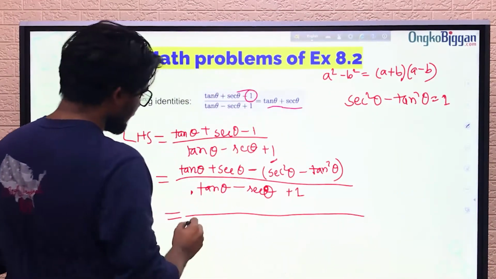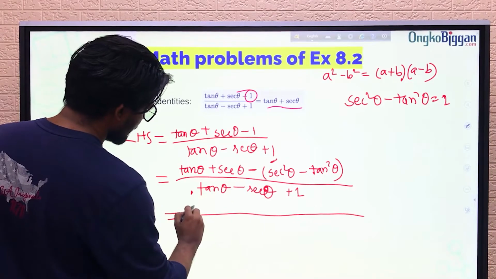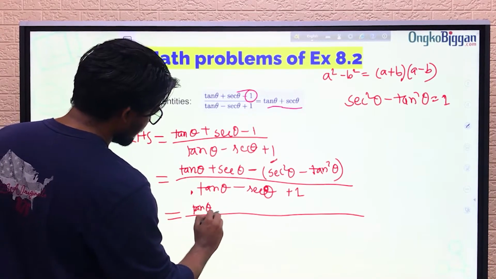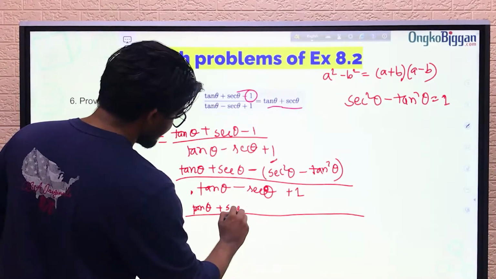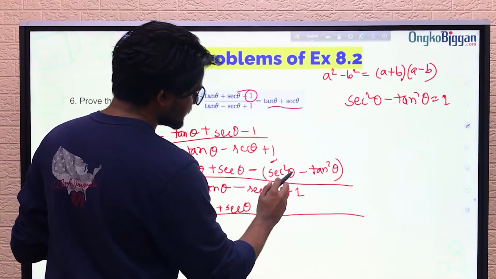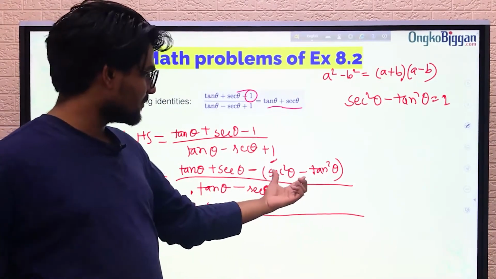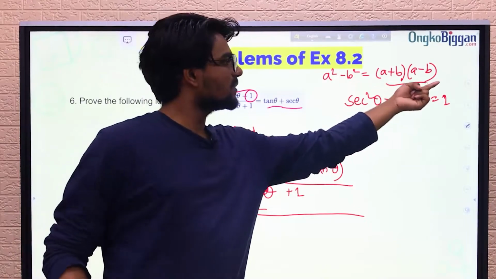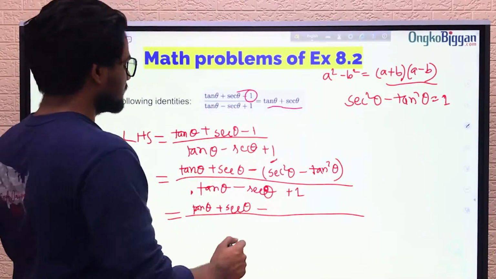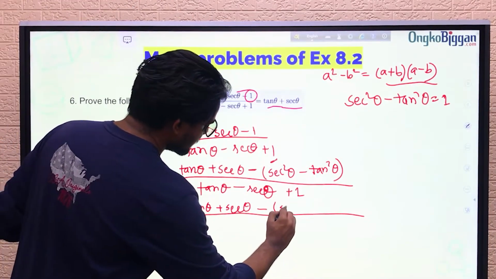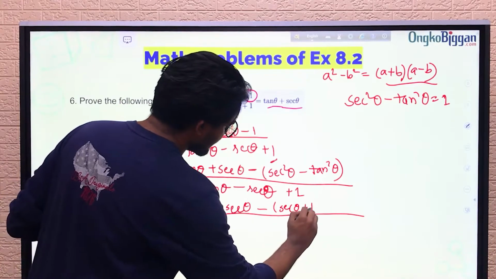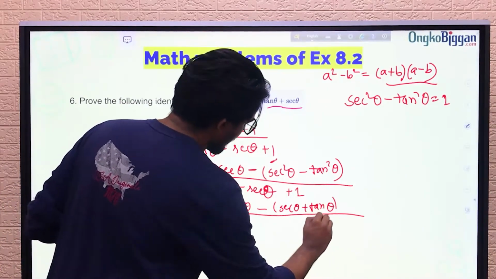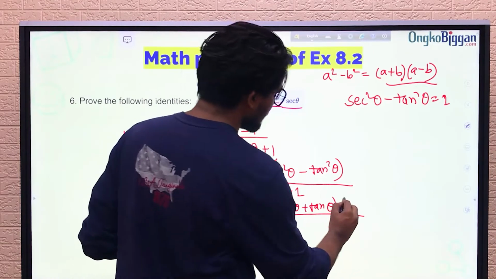So I get tan theta plus sec theta minus, and I'm going to split this term into the form a plus b, a minus b. So I get sec theta plus tan theta, and sec theta minus tan theta.